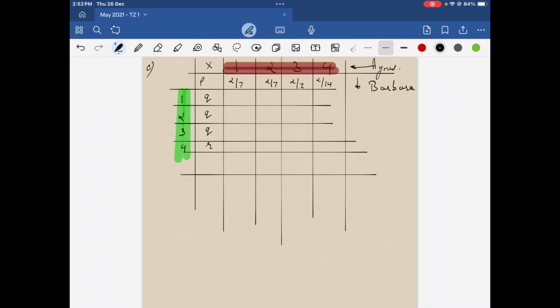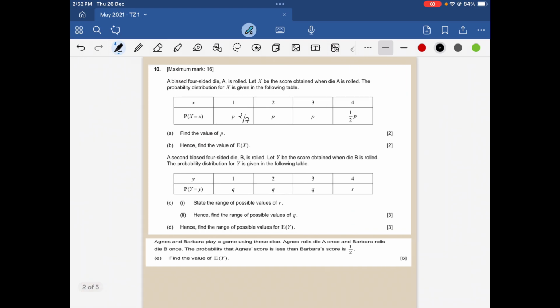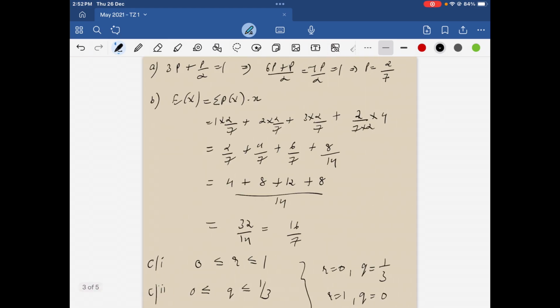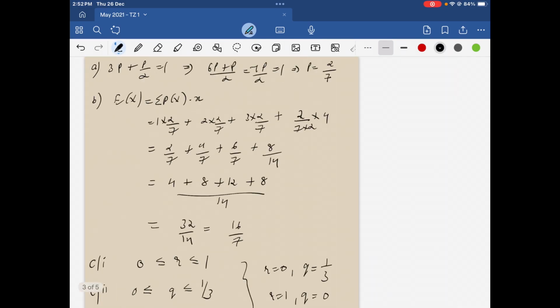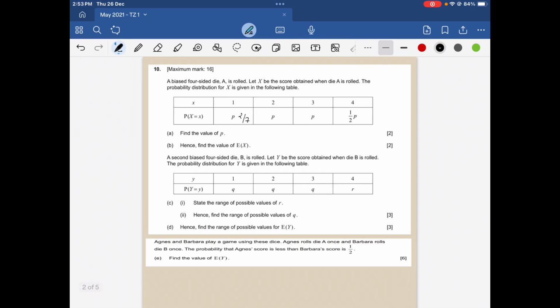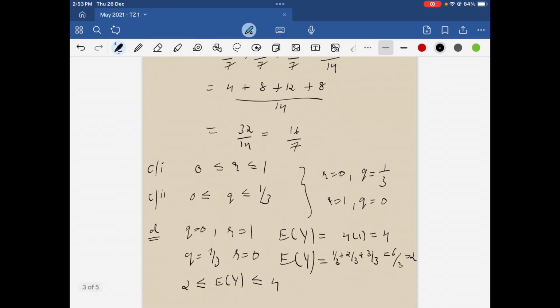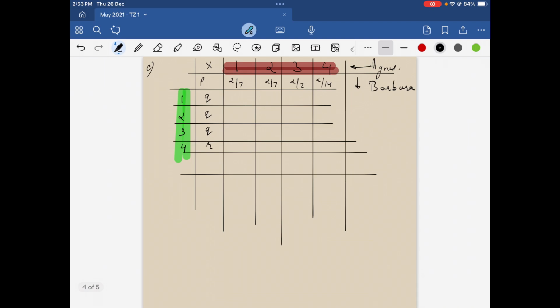So probability of x is 2 by 7, 2 by 7, 2 by 7 and 2 by 14. We get it from here. See, p, p, p and p by 2, and p we calculated as 2 by 7. So from here we get the probability of x. Probability of y, we do not have anything else as of now. We have q, q, q and r, and we only have the range of q and r, but we do not have the exact value. So I am writing it as the same q, q, q and r.